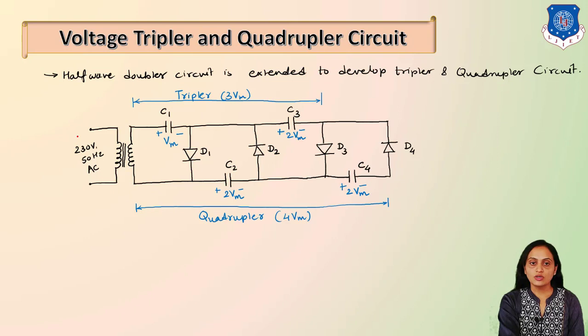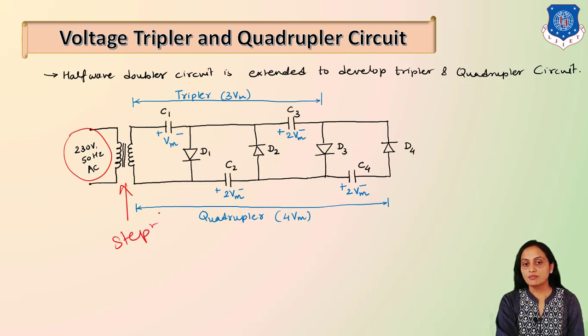So you will see over here we are applying the AC signal from the mains at the transformer primary, and this is a step down transformer, and at the secondary of this transformer I am getting Vm voltage. We have the network of diodes D1, D2, D3, D4 and capacitors C1, C2, C3, C4, which provides us the voltage tripler, that means we are getting the 3 Vm and 4 Vm output.